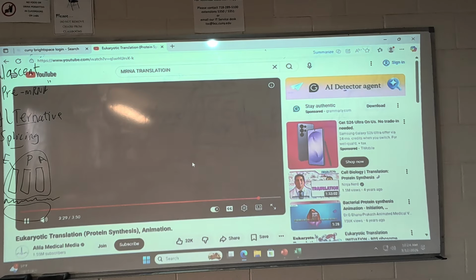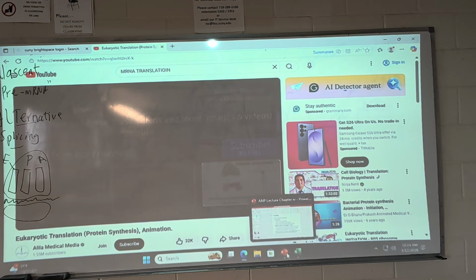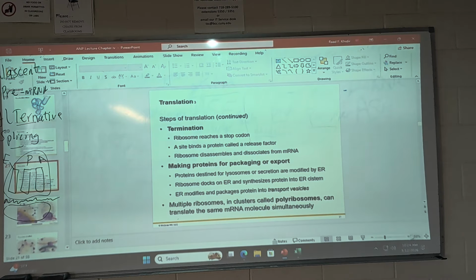Okay, so you saw how it's impossible to actually just talk about it, you have to see it. So now we saw that there are three different steps. There's initiation, so we start with the start codon AUG, and then elongation.